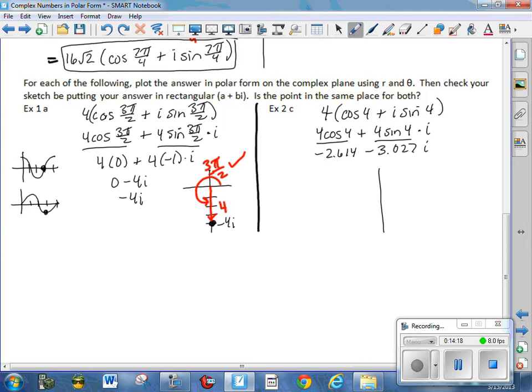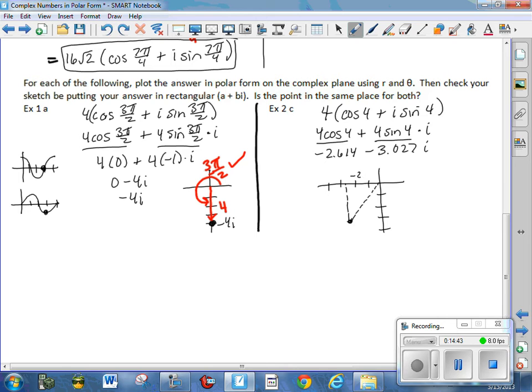So this is in quadrant 3. Complex numbers located in quadrant 3. So 1, 2, 3, 4, 1, 2, 3, 4. If I plot that, negative 2.6, negative 3.027 is about right here. So that's what it would look like in rectangular form. In polar form, my radius would be, so let me actually draw a little triangle here.